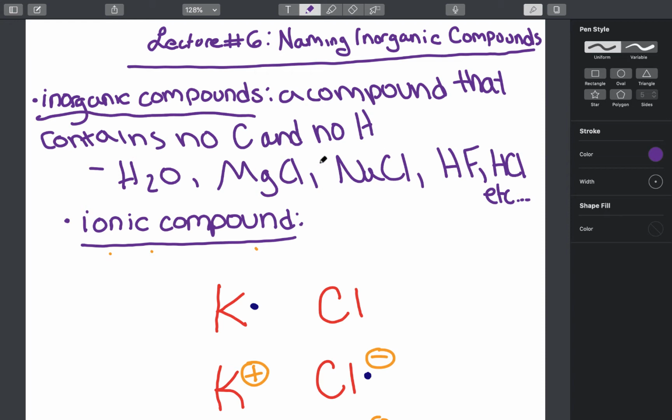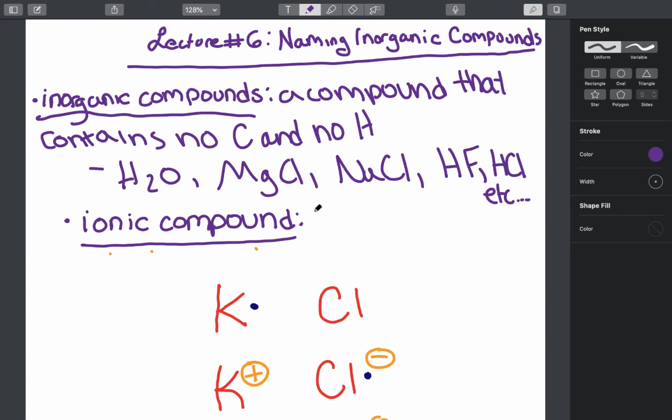So an ionic compound can be an inorganic compound. It usually is. What you may recall from the last video is that we talked at great length about ionic compounds, so all we're going to do is a quick review. An ionic compound usually occurs between a metal and a nonmetal.